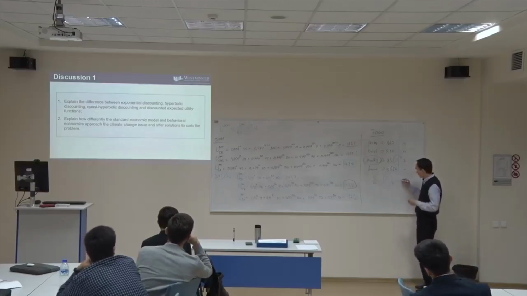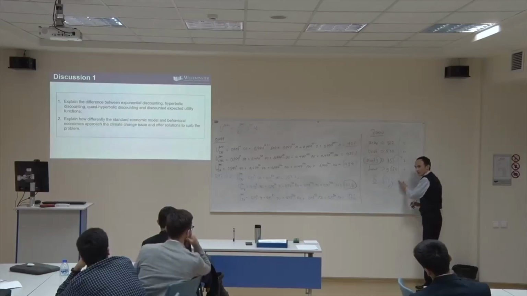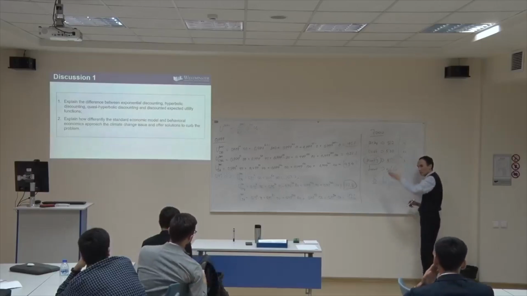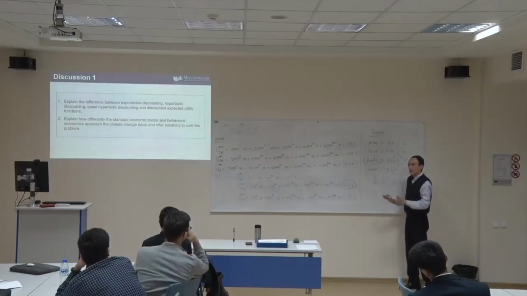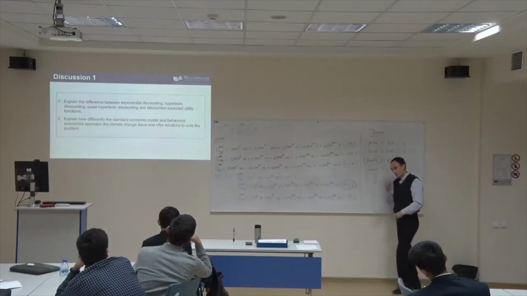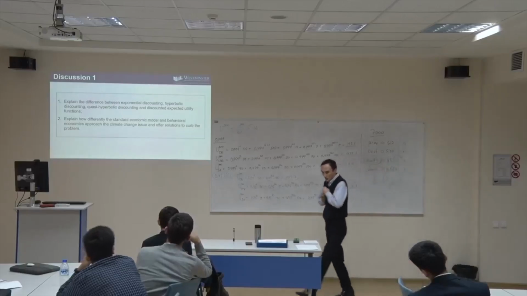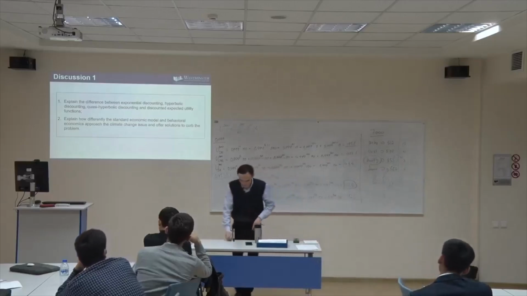Then we have introduced quasi-hyperbolic discounting model with biasness of beta. Okay, people may have no procrastination problem. And the last one, we said these things we can apply in the case of risk. So then we introduced probabilities. Okay, discounted expected utility or hyperbolic discounted expected utility that you may consider.